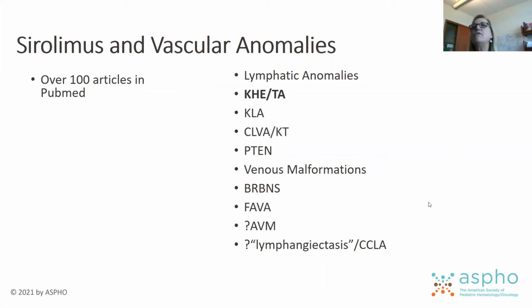There have been over 100 articles in PubMed supporting this, and this is also supported now in the scientific literature. Unfortunately, we will probably never get this approved because the pharmaceutical industry is not interested in approving this for KHE or lymphatic anomalies, and KHE is so rare that it would be a very hard indication to get this approved for.